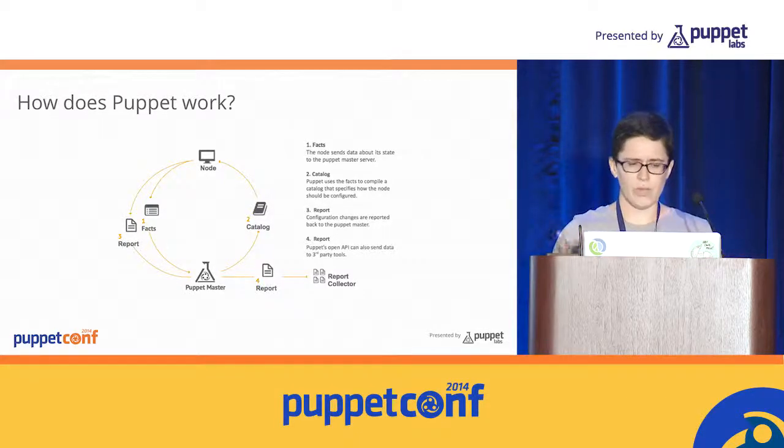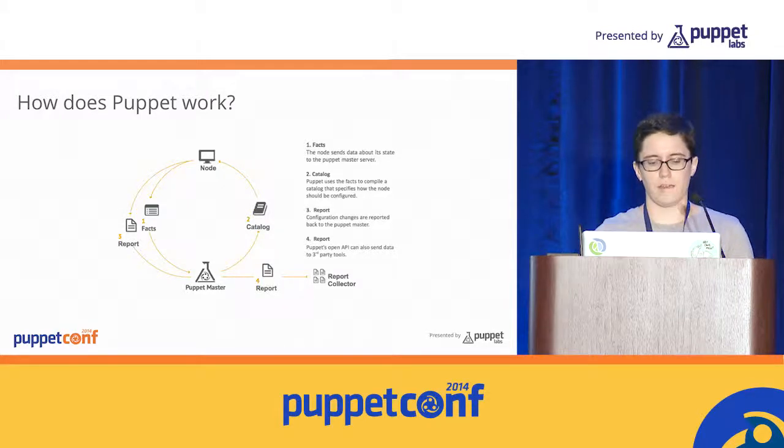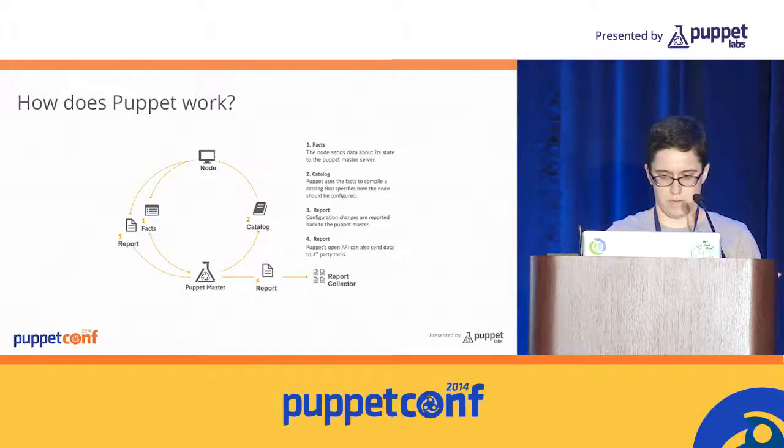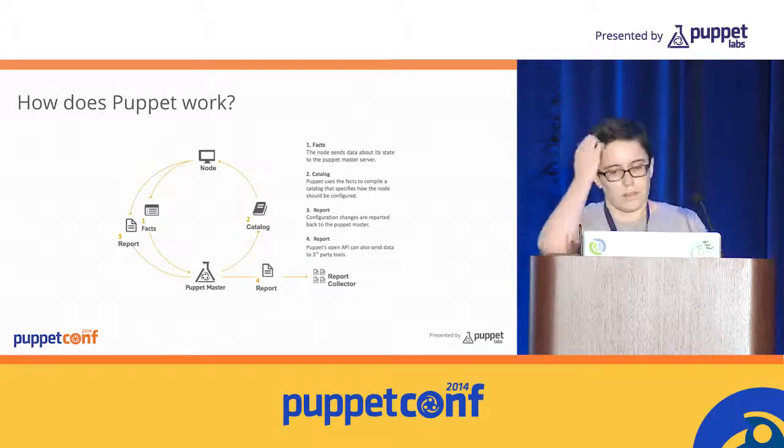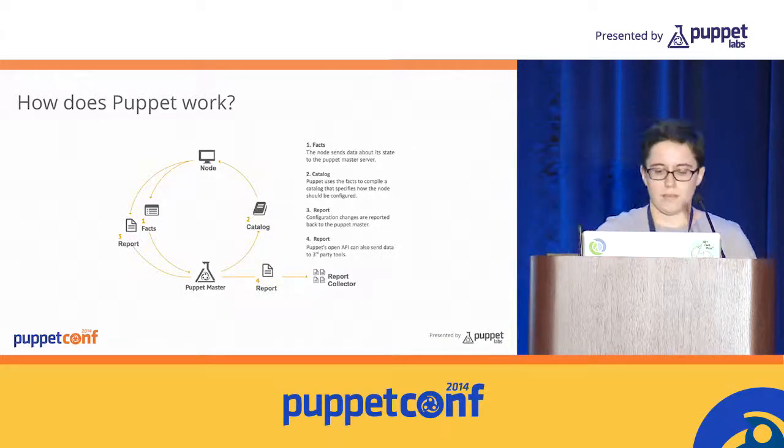So we have a node. It's going to wake up, and it gathers facts. It gathers information about its system, and it submits those facts while it makes a request for a catalog from the master. In that request, it's going to submit those facts and say, okay, how should I be configured?